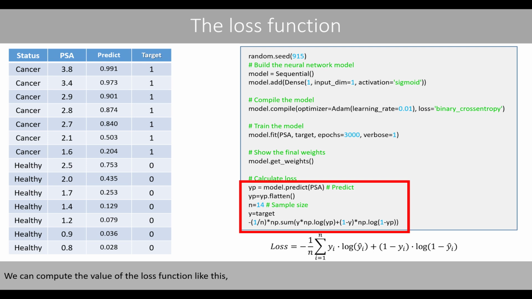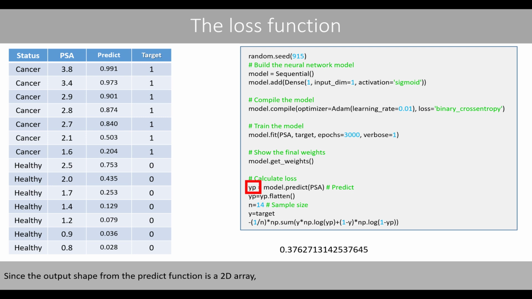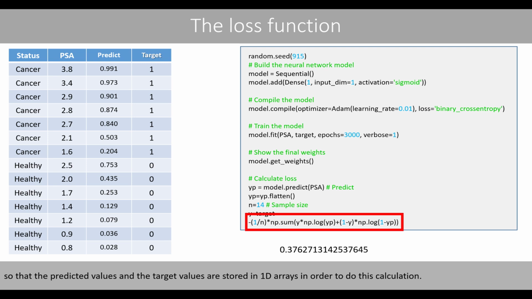We can compute the value of the loss function like this, which will result in a value of about 0.376. Since the output shape from the predict function is a two-dimensional array, whereas our target is a one-dimensional array, we need to use the method flatten to convert it into a one-dimensional array, so that the predicted values and the target values are stored in one-dimensional arrays in order to do this calculation.